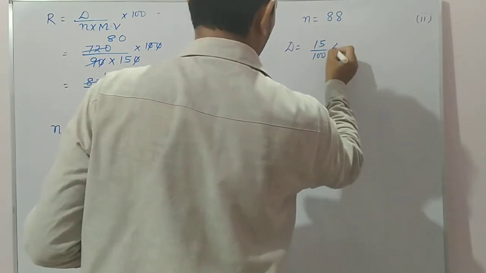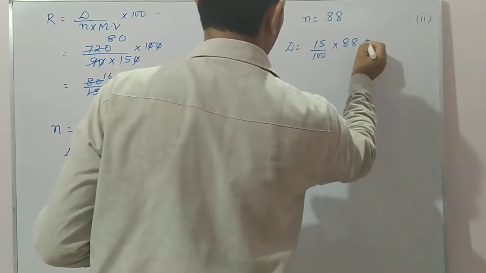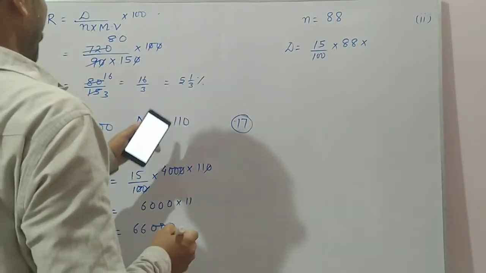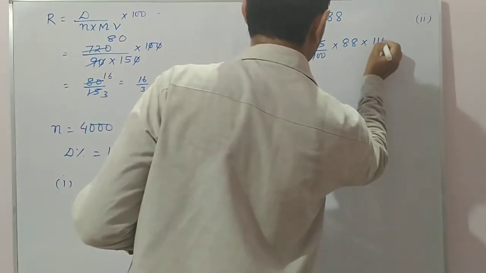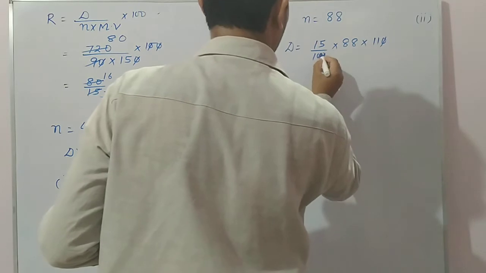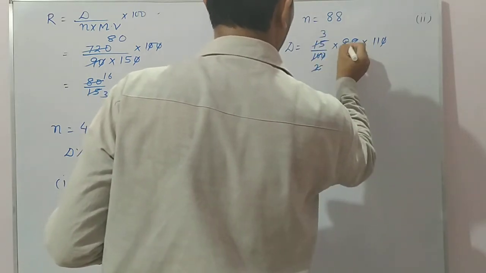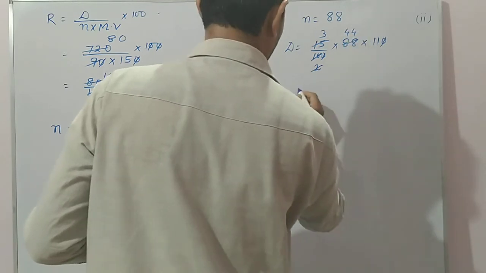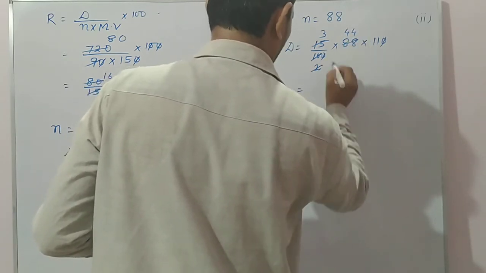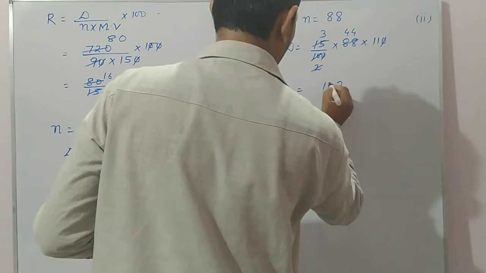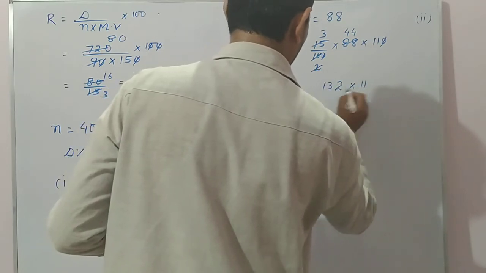15 by 100 into number of shares 88 into nominal value, that is 110. This will cancel out. 5 2s are 10, 5 3s are 15, then this is 3 2 4 4. So 3 4s are 12, 1 12, 3 4s are 12, 12 plus 1 is 13, 132 into 11.